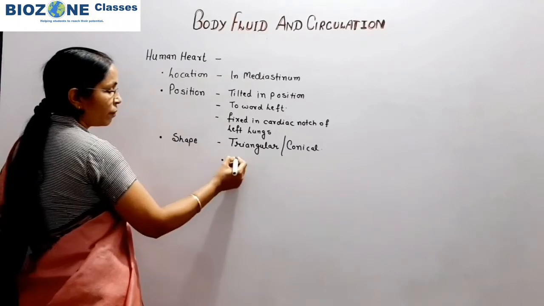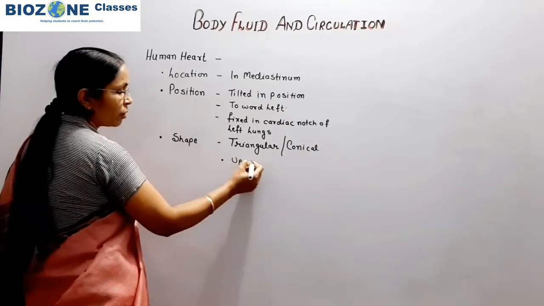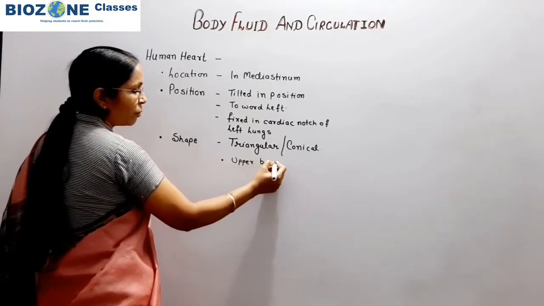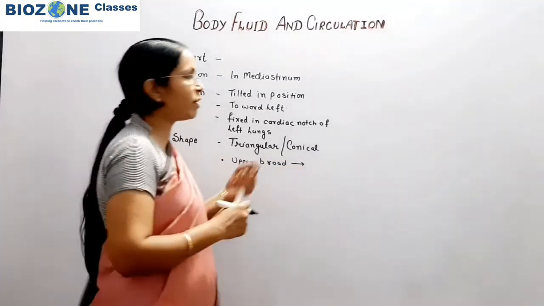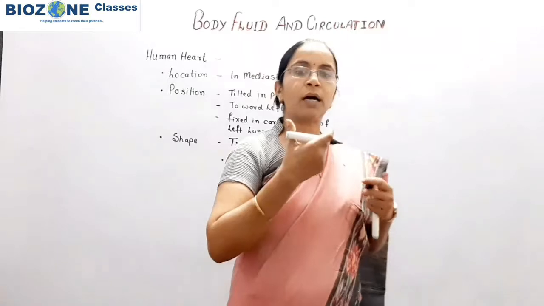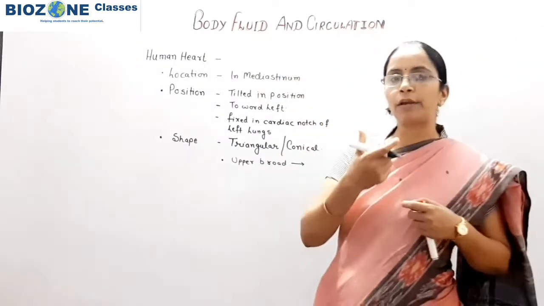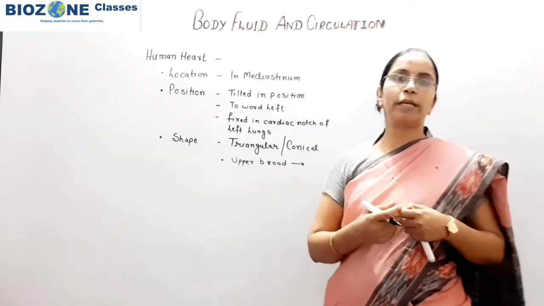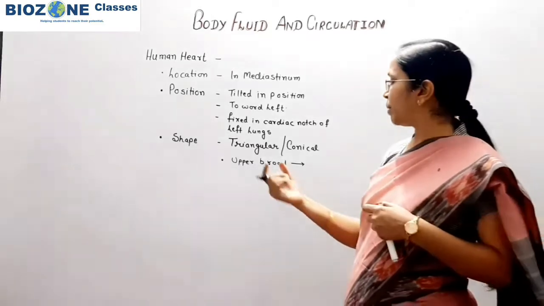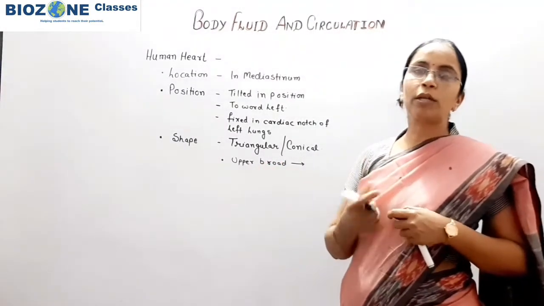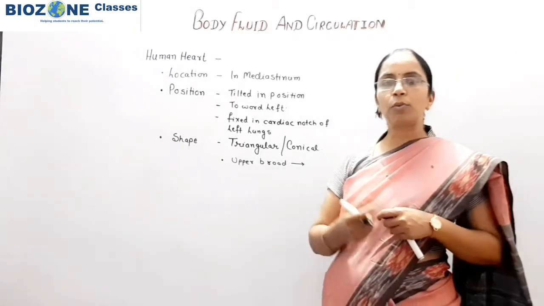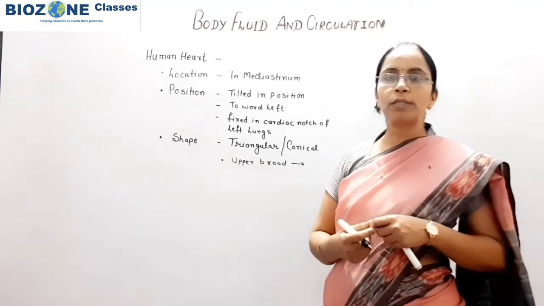Secondly, when we see the structure of the heart, the upper part, the area where the auricles are situated, is broad in structure and slowly becomes narrow towards the end, towards the ventricle.